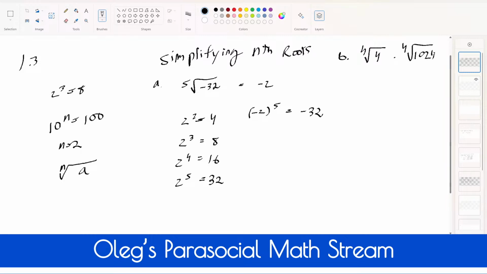Okay, 4 times 4 is 16, times 4 is 64, times 4 is 256. Except this isn't powers, this is roots.